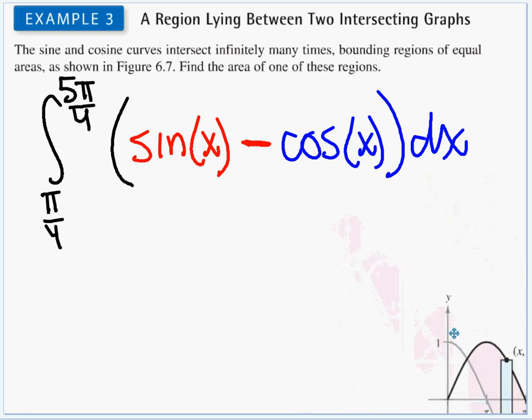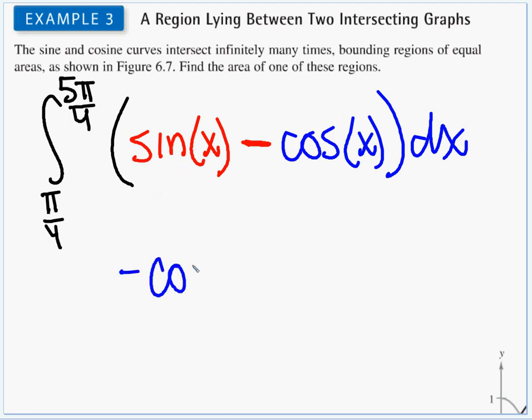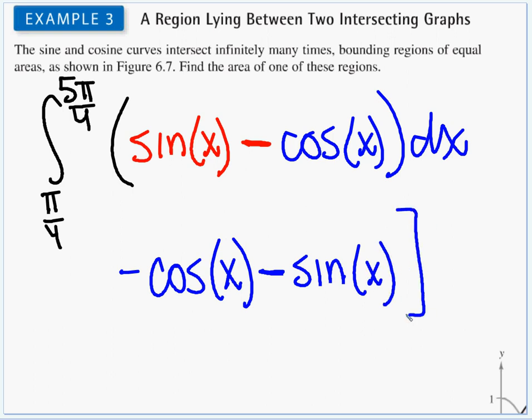And we'll slap a dx on there. All right. So let's see. We got to antiderive. Antiderivative of sine x is negative cos x. Derivative of cos is sine. So that just becomes a minus sine x. And we now have a bracket over on the right with quarter pi at the bottom, 5/4 pi at the top.